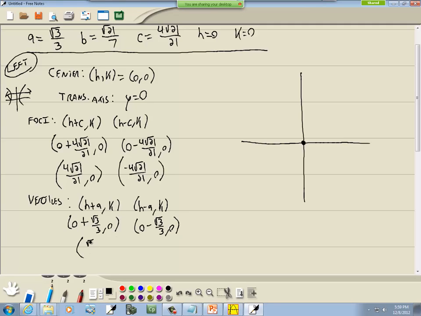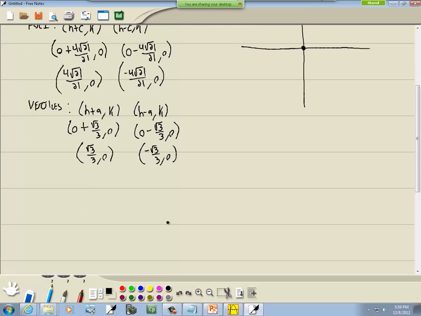So we got square root of 3 over 3, 0, negative square root of 3 over 3, 0. And that's about useless. So let me see what that's equal to. Square root of 3 divided by 3, 0.58. 0.6. So 0.60 and negative 0.60. I'll come back to that.